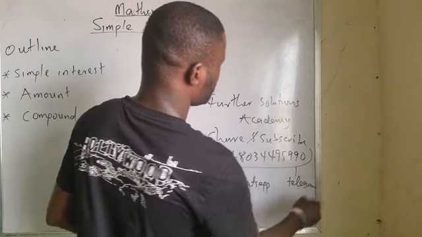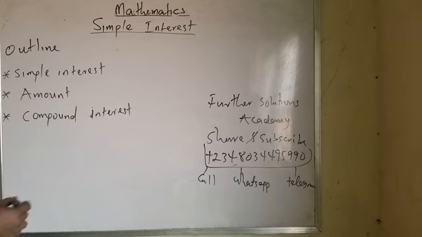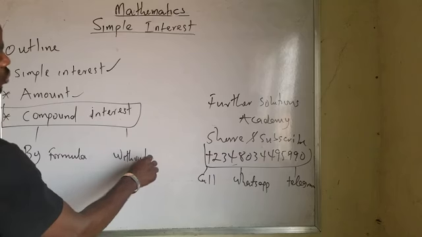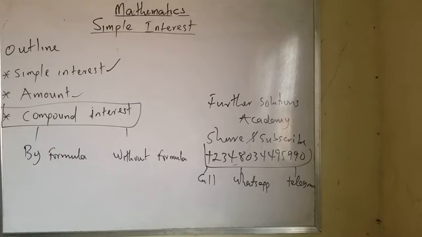Compound interest will be in the next video because it is somewhat complex and would take too much time. That one will generate two videos: by formula, and the normal way without formula. Take note of that. This video is on simple interest and amount.